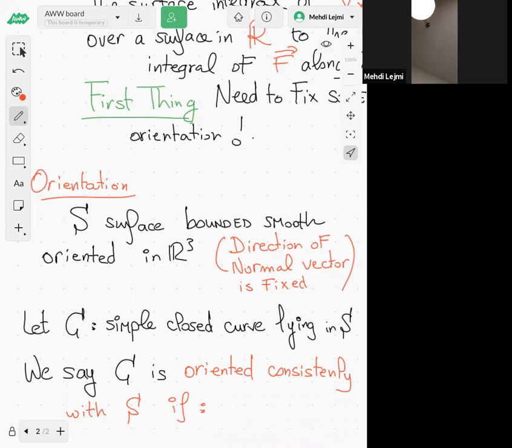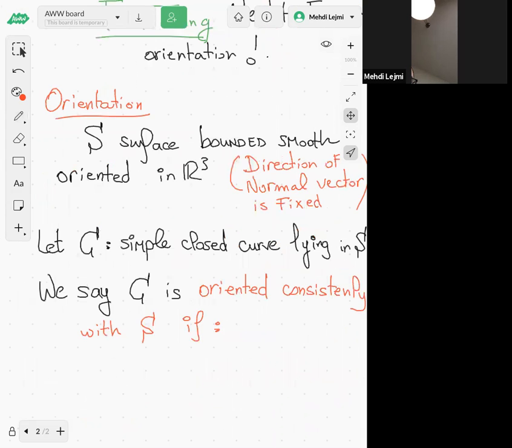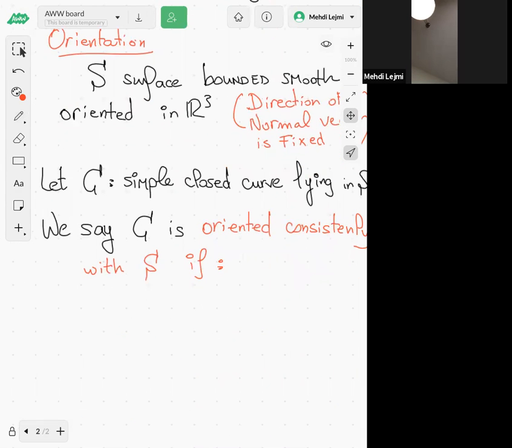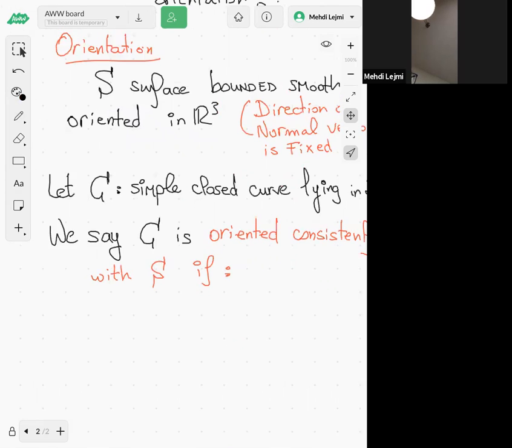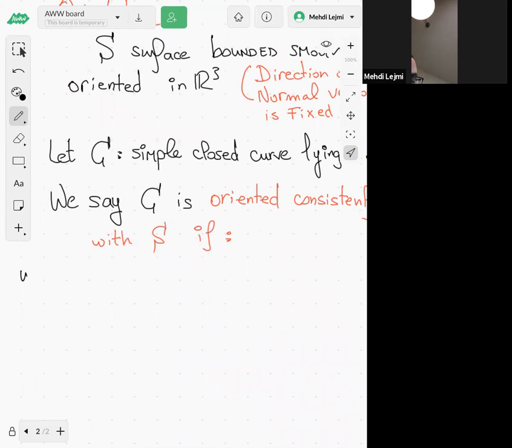So what we need to do, guys, we're going to use the right hand rule. So in some sense, the fingers of your hand curl in the direction of the orientation.